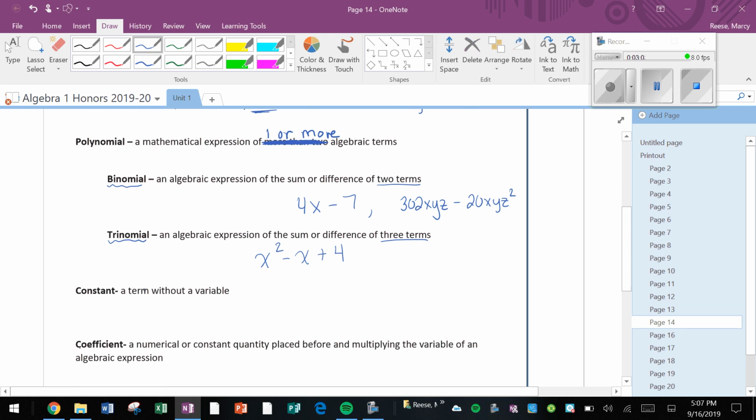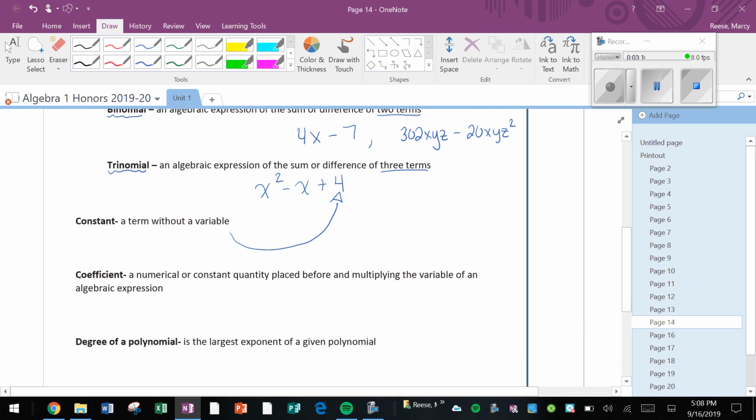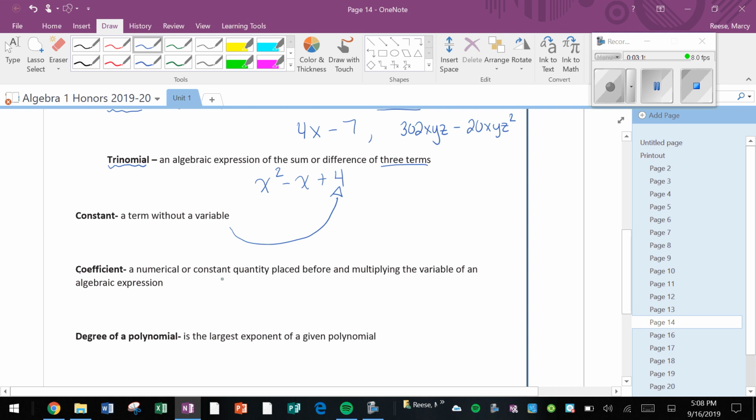A constant is a term without a variable. That 4 is a constant. It means there's no variable, no letter multiplied with it. It's just the number. That's a constant. The coefficient is a number or constant quantity placed before and multiplying the variable of an algebraic expression. So let me do this one: 6x to the 4th minus 3x to the 3rd plus 5x squared minus 1.